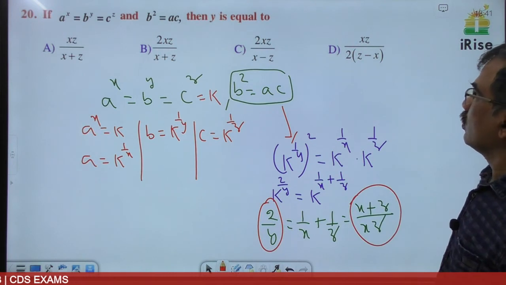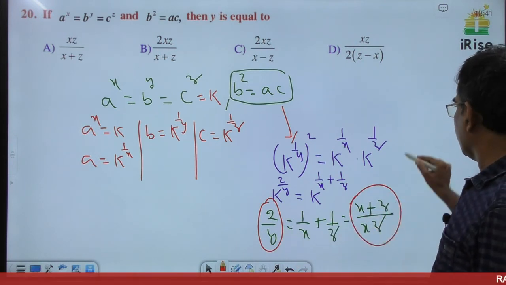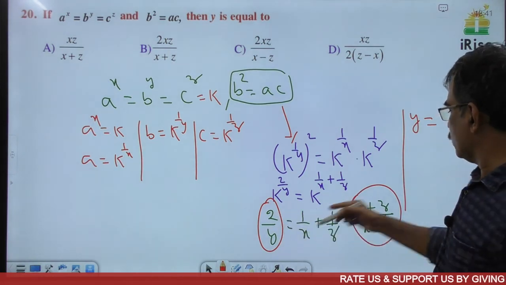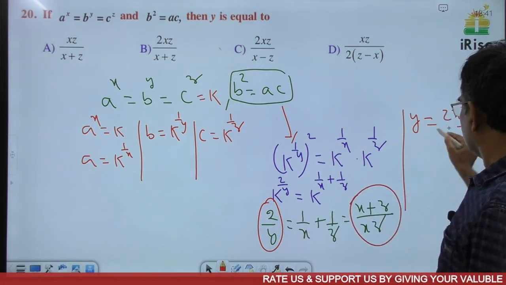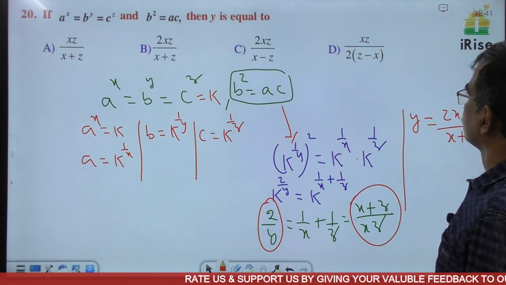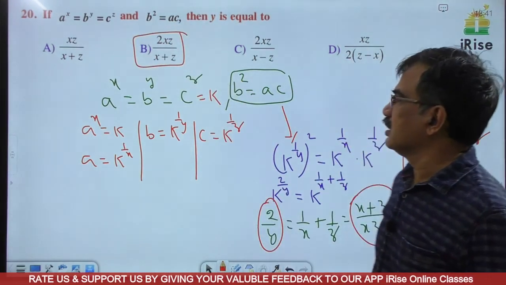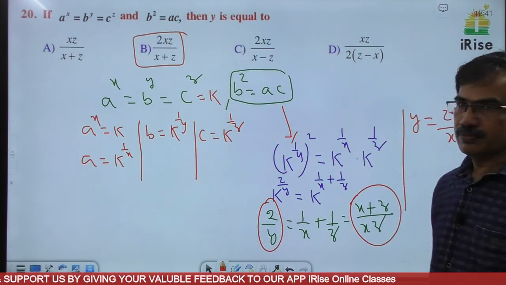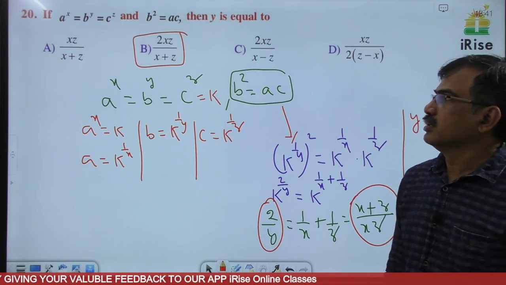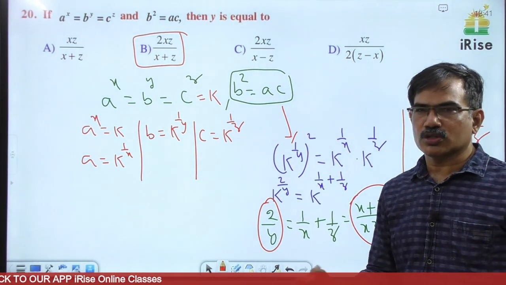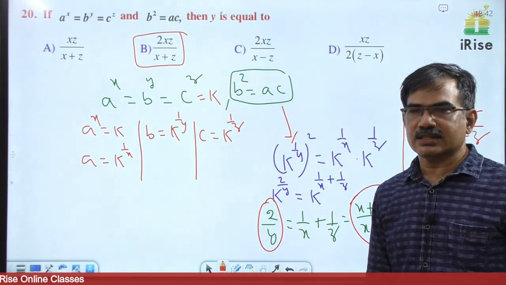Okay, what do they want? Y. Just cross multiply. What is the y value? Y is equal to 2xz by x plus z. 2xz by x plus z is the answer for this question. Okay, so this is about the questions related to indices and sets.